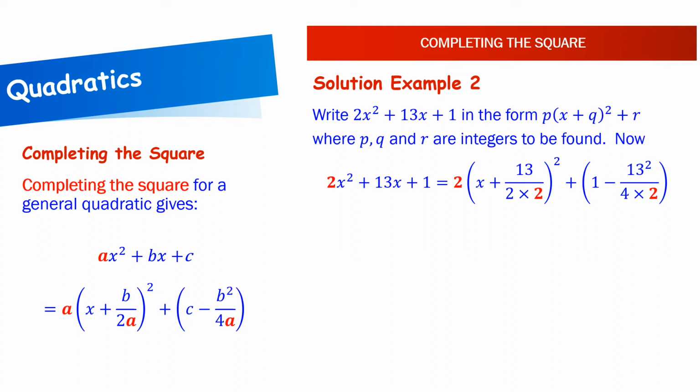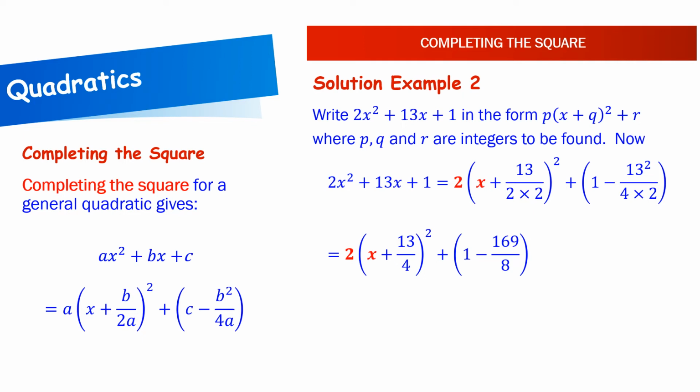Here we've plugged in a equals 2 in our formula. Here we've plugged in b equals 13. And here we've plugged in c equals 1. And 2 and 4 were part of the formula anyway.